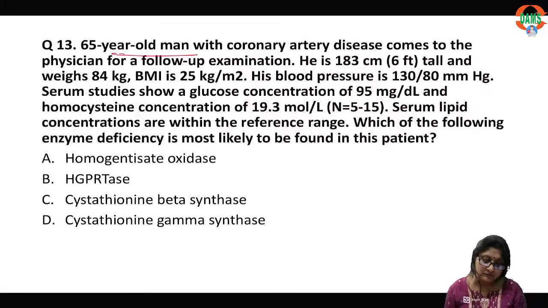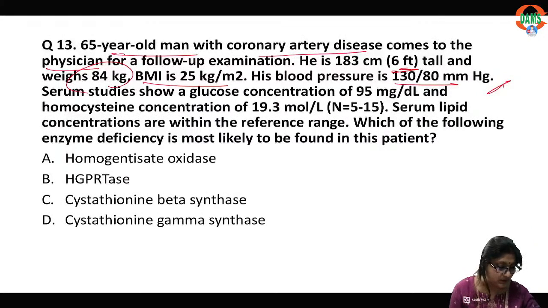Now coming to the next question, number 13. A 65-year-old male with coronary artery disease comes to the physician for follow-up. He is 6 feet tall, very tall, like Amitabh Bachchan, and weighs 84 kilos. BMI is 25 kg per meter square, slightly overweight also. BP is sort of okay, 130/80. Where is the hint? Till now there is no hint, but tall height is some hint, right?